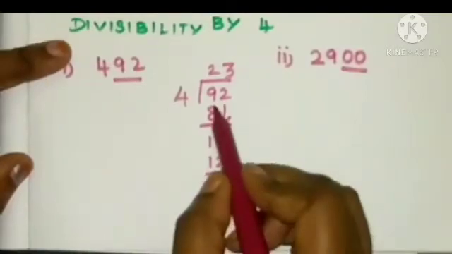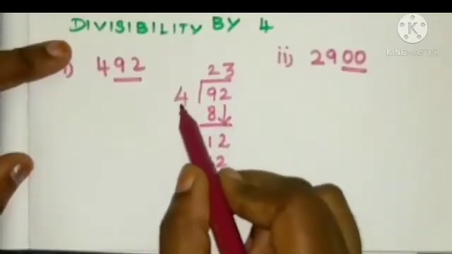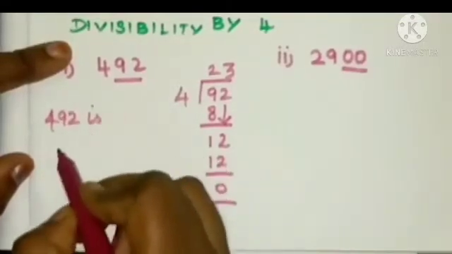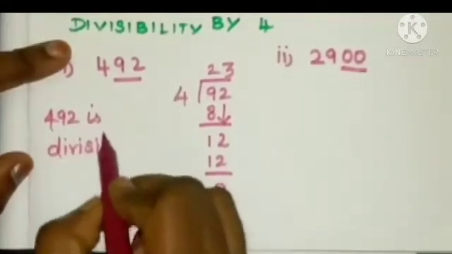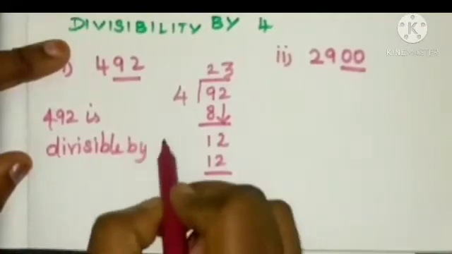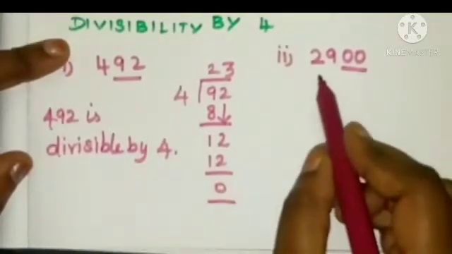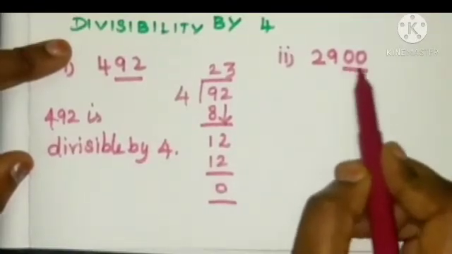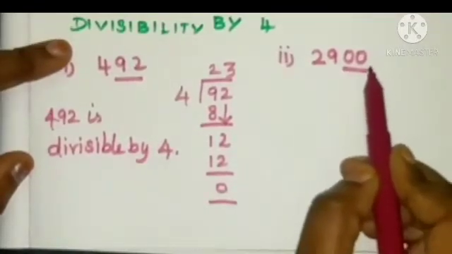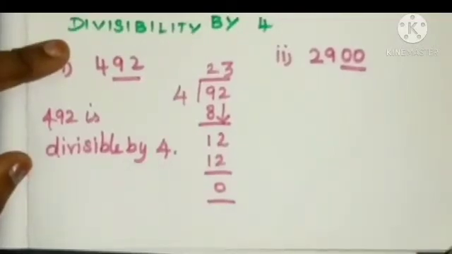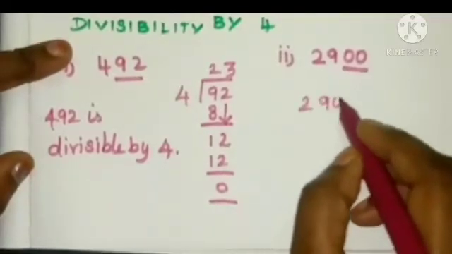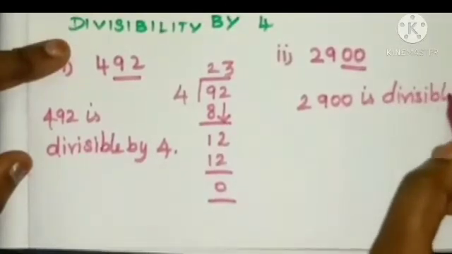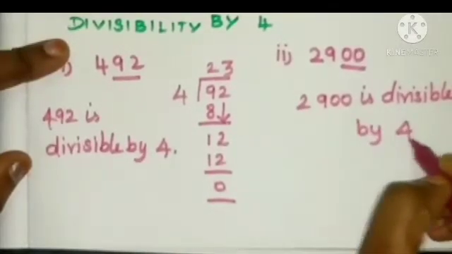So 92 is completely divided by 4. So 492 is divisible by 4. Then let's check for 2900. As you already know, if the last two digits of a number are zeros, then also it is divisible by 4. So 2900 is divisible by 4.